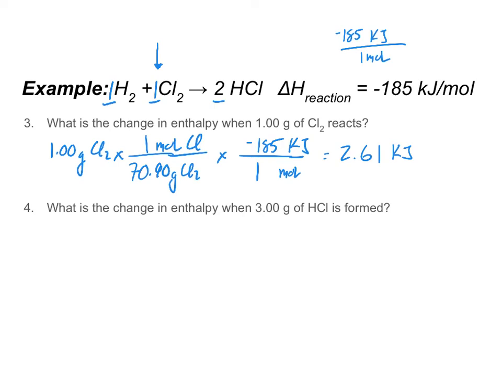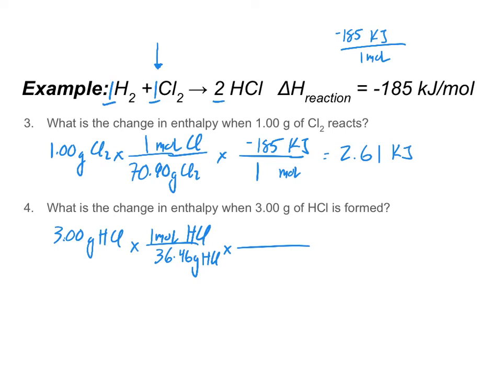And then the last one we have to do is take the change in enthalpy when we have 3 grams of hydrochloric acid or HCl being formed. So I'm going to do a similar process, 3 grams of HCl, and I'm going to convert that to moles of HCl, and I'm going to calculate the molar mass of hydrochloric acid, which is 35.45 plus 1.01, so that's 36.46 grams of HCl.